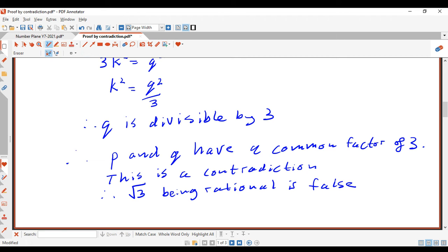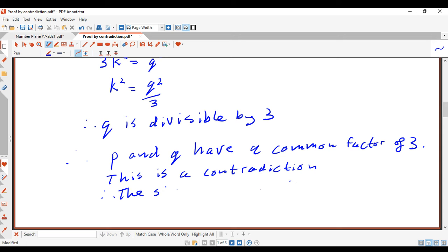Okay, so I guess technically we should write that a bit better. It's not such good writing there. So let's say, therefore, the statement root 3 is rational is false, right?